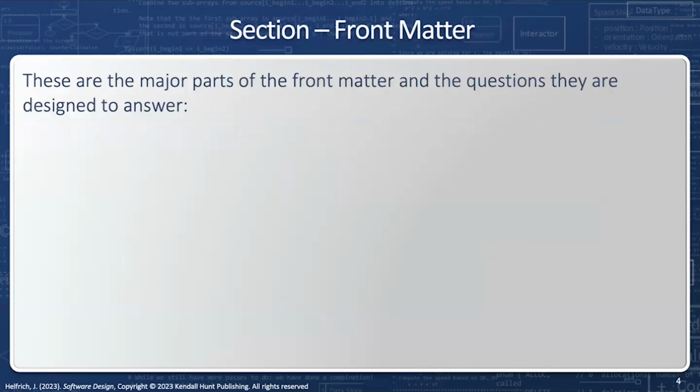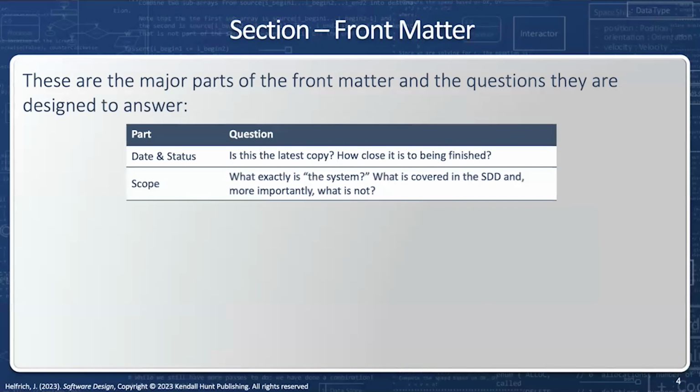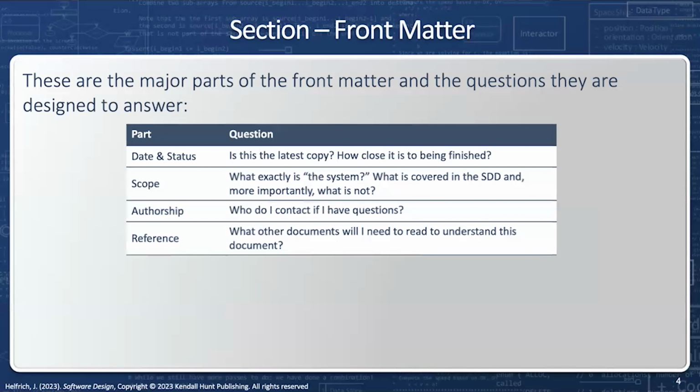So each part of the front matter is designed to answer a specific question. For an example, is this the latest copy? And how close to being finished? And that's the date and status. What exactly is the system we're building? What's covered in the SDD? And perhaps more importantly, what is not? And that's the scope. Who do I contact if I have any questions? That's the authorship. What other documents will I need to read to understand this document?